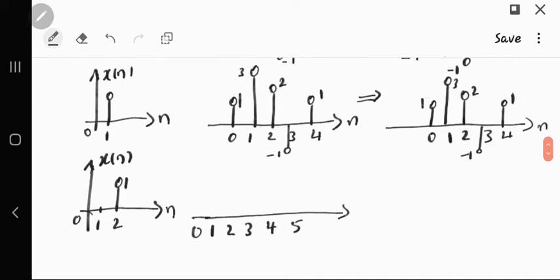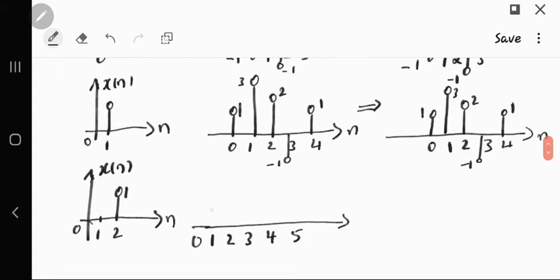So at 1 we have amplitude 1 here, and at 2 we have amplitude 3, and at 3 we have amplitude 2, and at 4 we have amplitude -1, and at 5 we have amplitude 1.